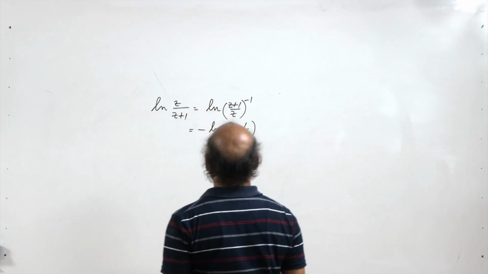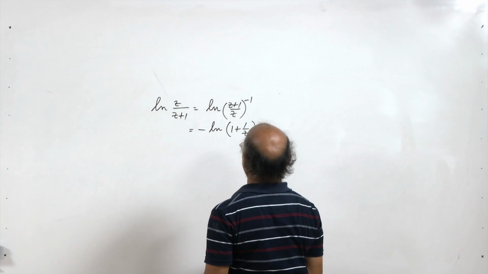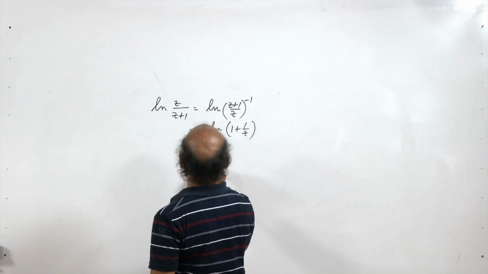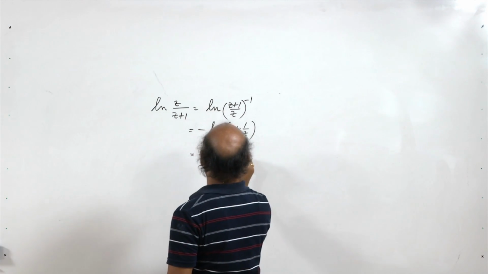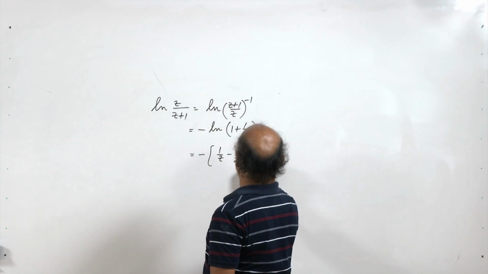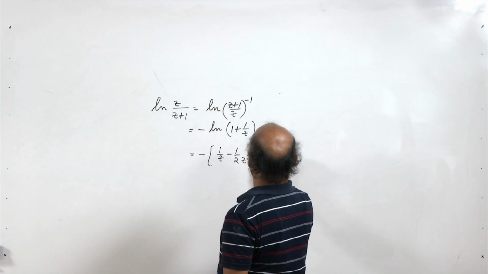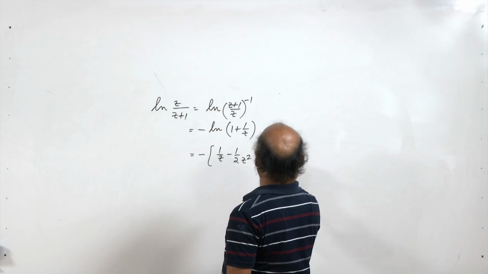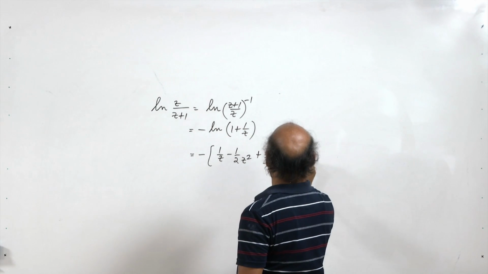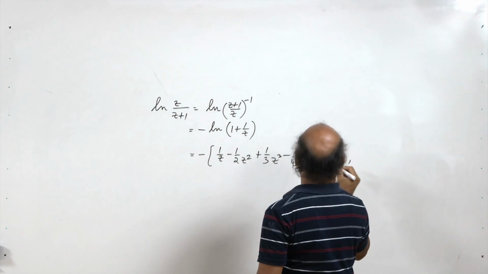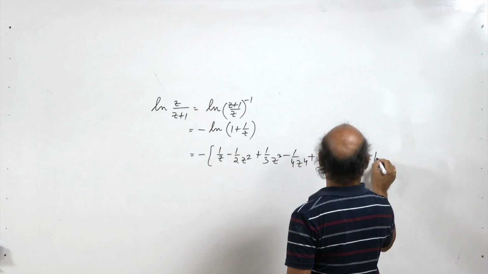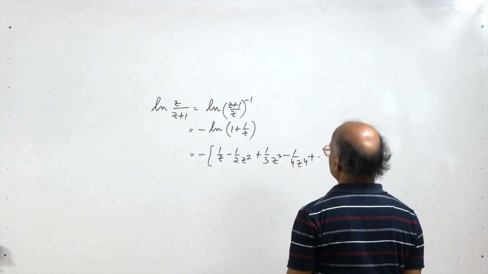Now, if mod of z is greater than 1, then I can write it as minus 1 over z minus 1 over 2 times 1 by z square plus 1 by 3 times 1 by z cube, and so on, provided mod of z is greater than 1.